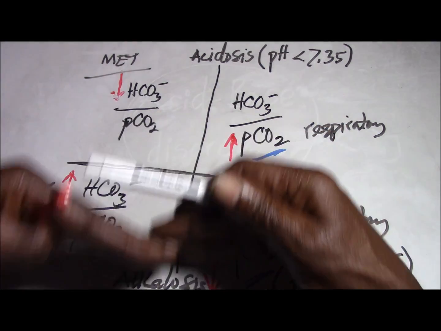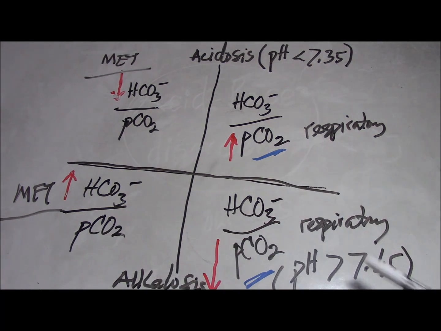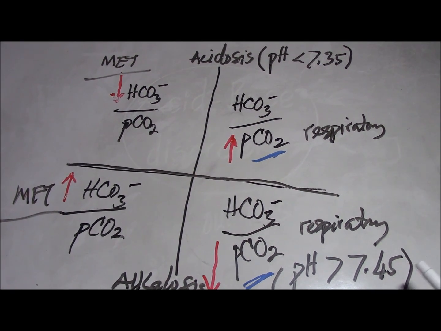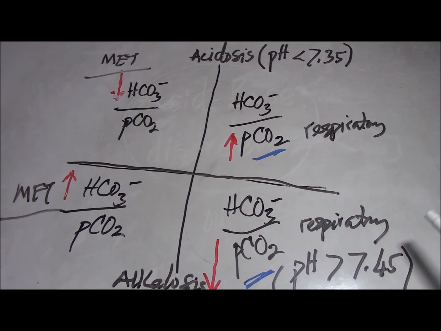In this lower half here, we refer to alkalosis, and we expect the pH to be greater than 7.45. So this is how to reproduce this table, and once you have this table, you can answer all manner of questions.